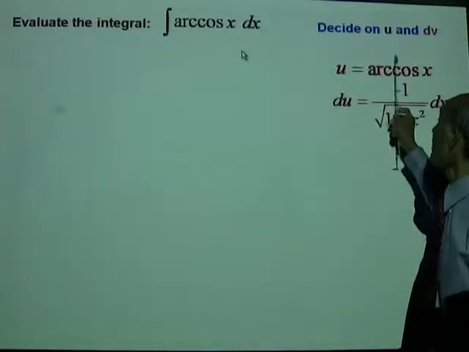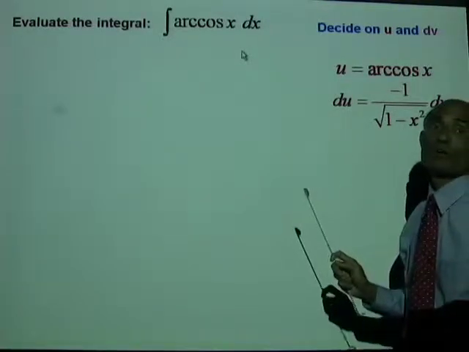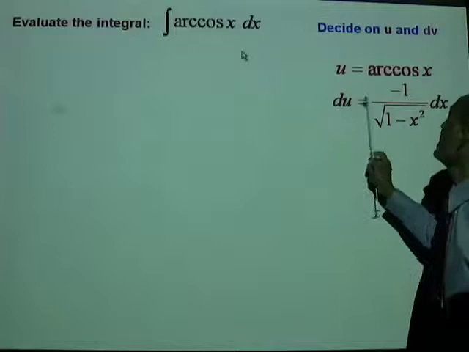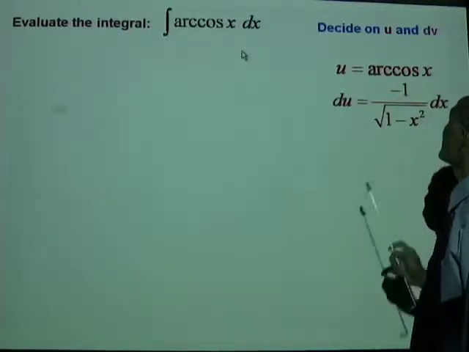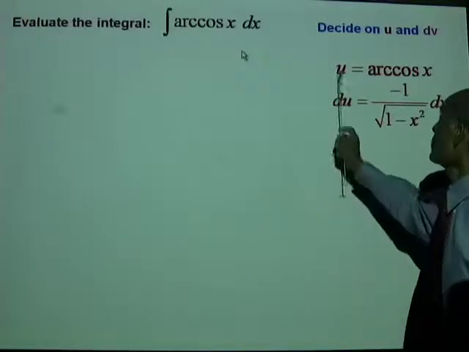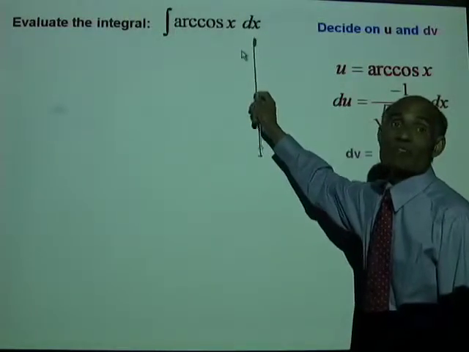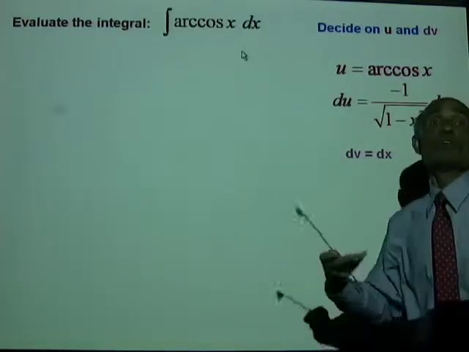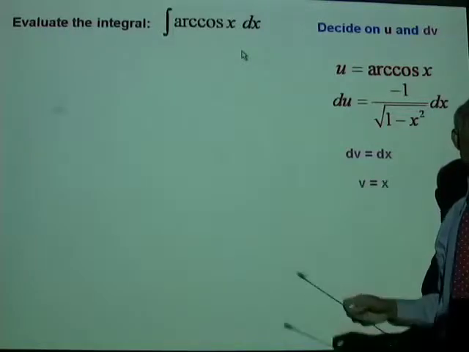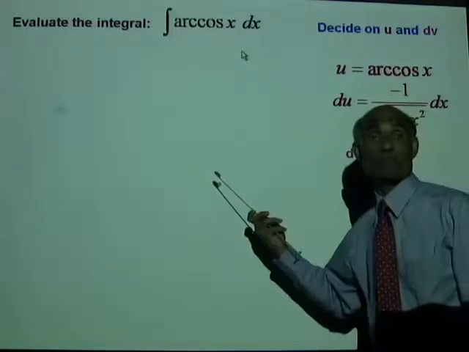Therefore, du is negative 1 over square root 1 minus x squared dx. So you got u and your du. Our dx will be our dv. If dv equal to dx, what's our v? v will be equal to x. You see, it became actually very simple.